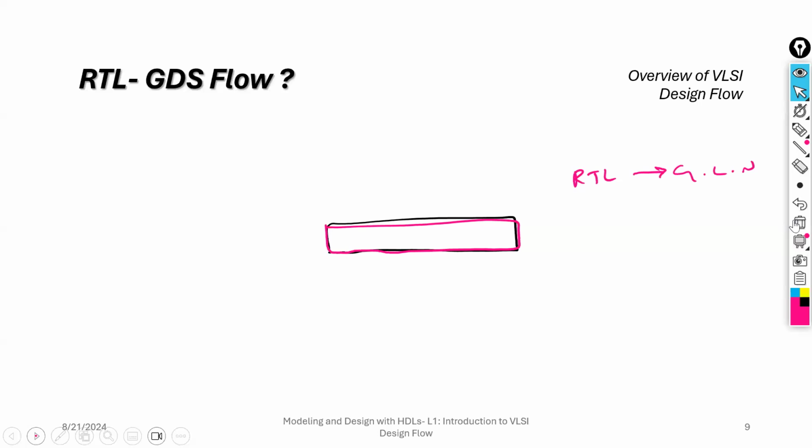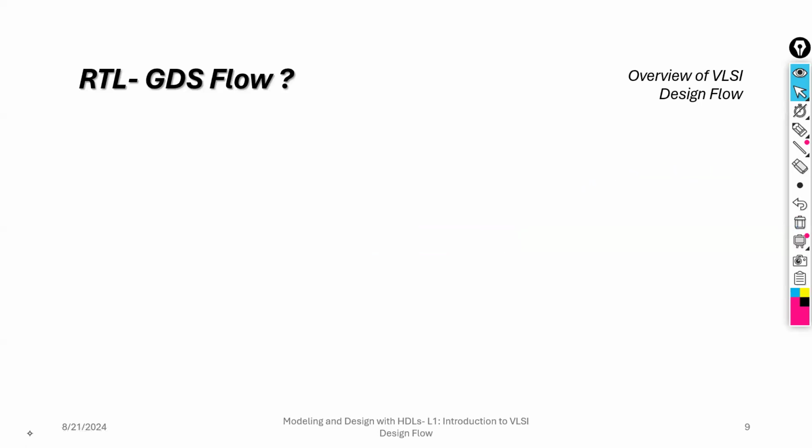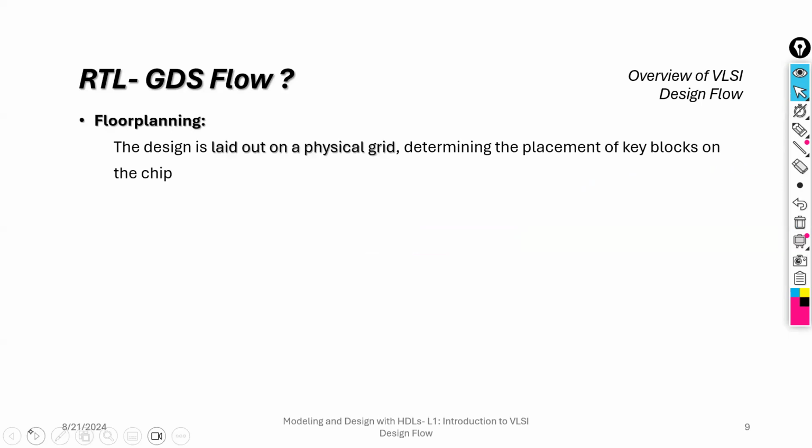The next one is floor planning. The design is laid out on a physical grid. In this floor plan, according to the RTL code, what are the different blocks that are there?